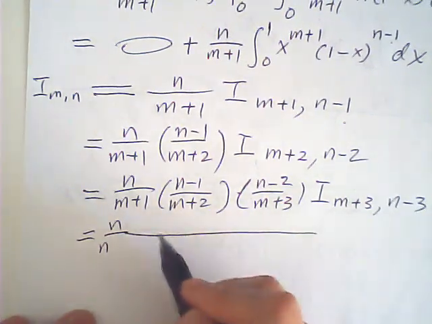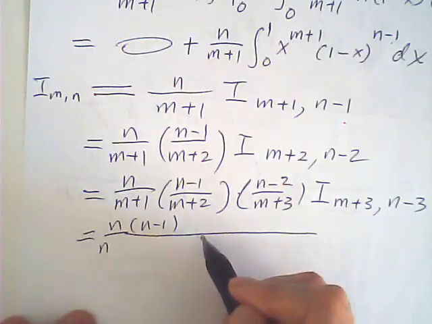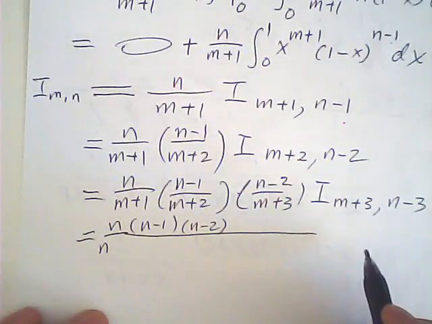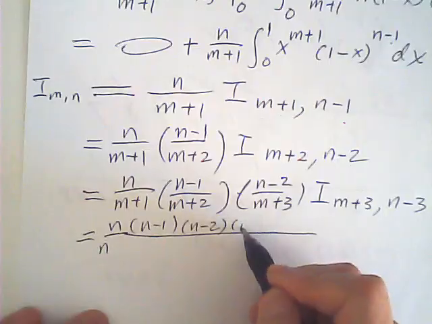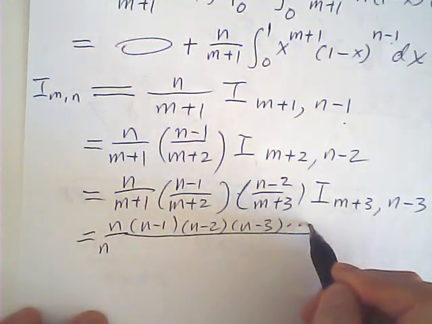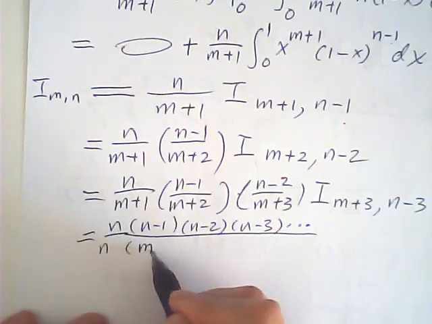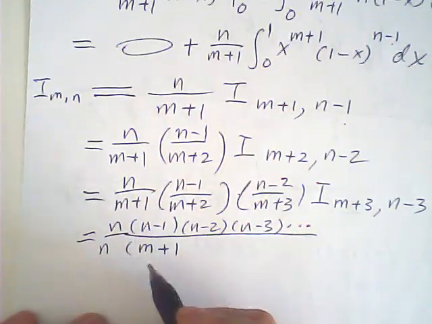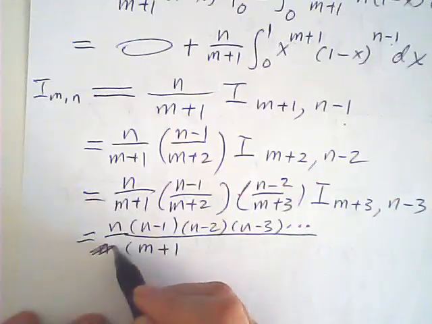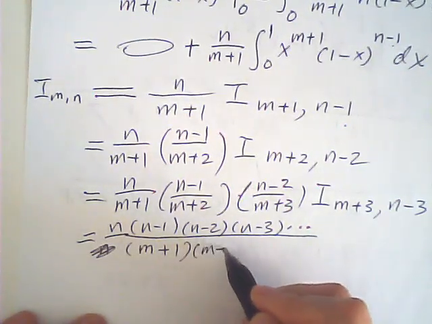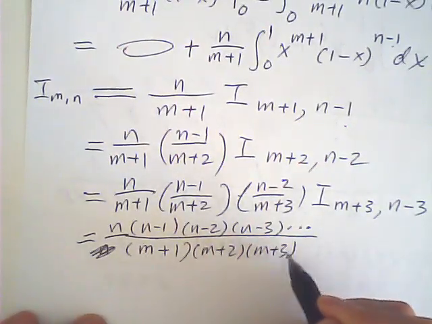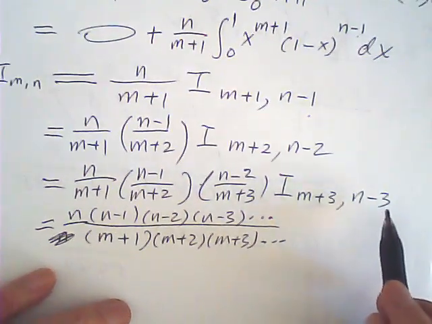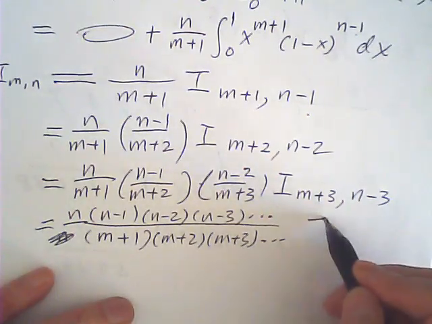Now let me write this way. Okay, this is better. n, n minus 1, n minus 2, n minus 3, and so on, over m plus 1, m plus 2, m plus 3, until somewhere this will be 0, right?